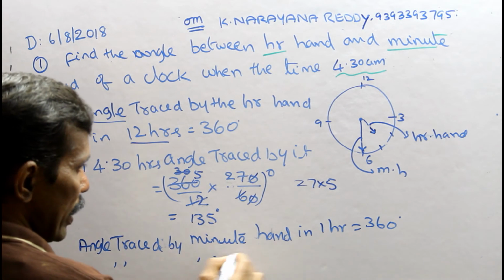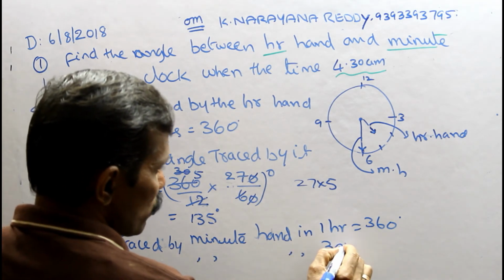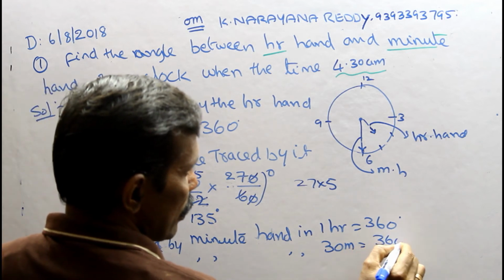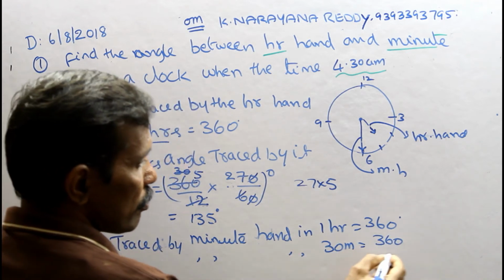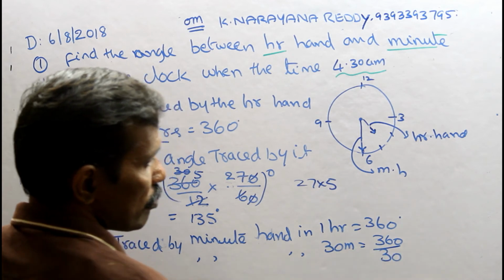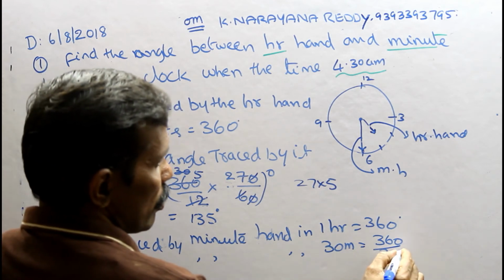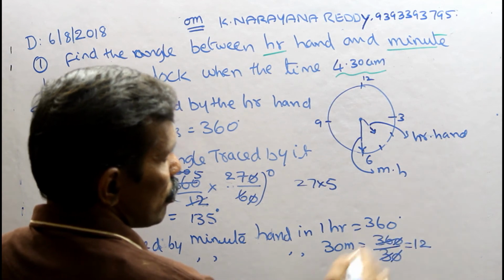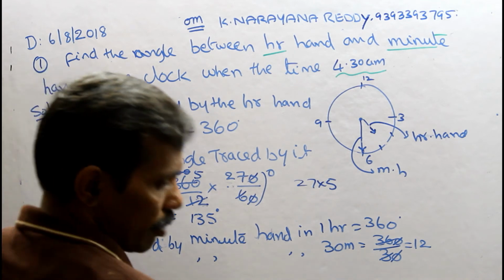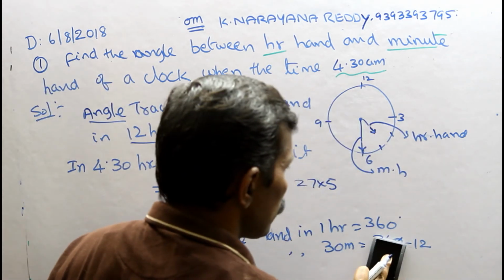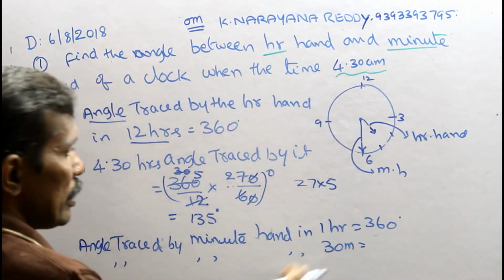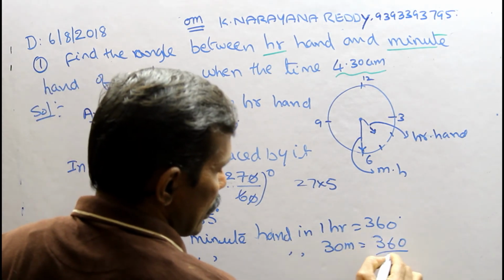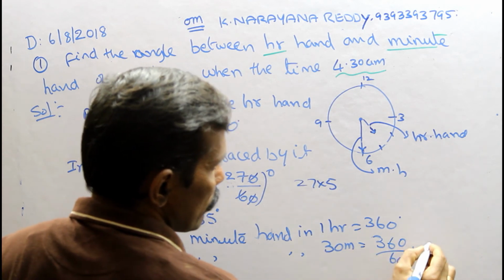The angle traced by the minute hand in 30 minutes equals 360 by 60 into 30.